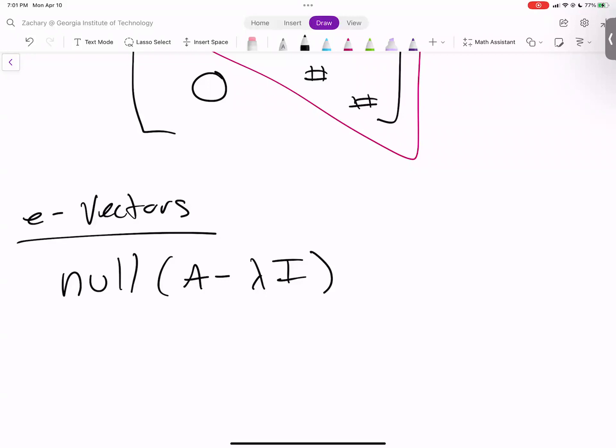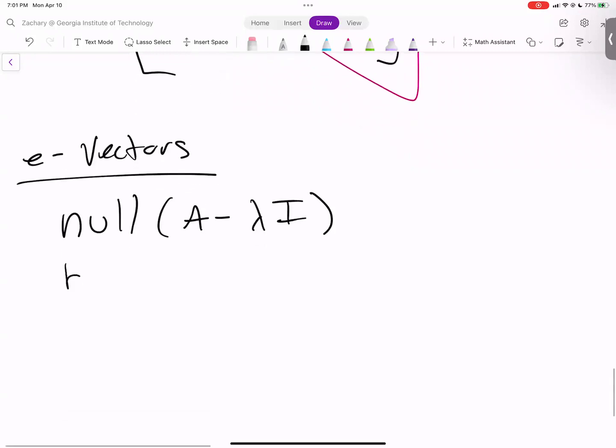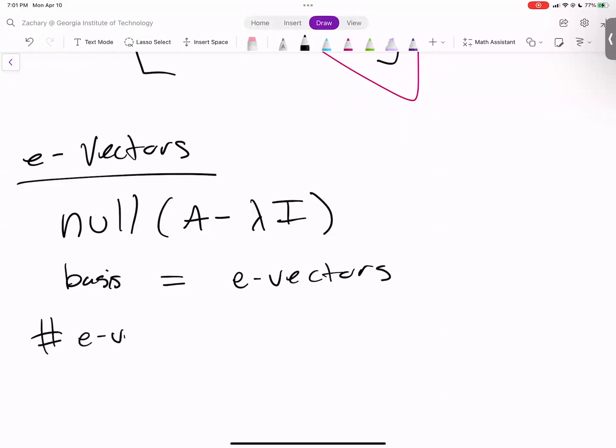So we find these lambdas such that this will hold. That's the idea behind eigenvectors. That's why we find them. So from here, like I said, your basis is always equal to your eigenvectors. Your number of eigenvectors is always equal to the dimension of the null space of A minus lambda I. Does this make sense?